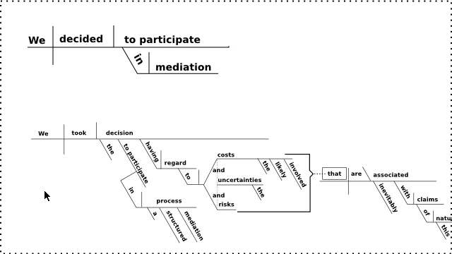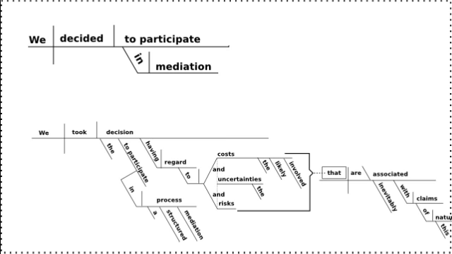The reason this board decided to participate in mediation rather than go to court was to reduce costs, uncertainties, and risks. The reduction of all three of those being, in fact, a large part of any board's job. So we decided to participate in mediation to reduce costs and uncertainties and risks.